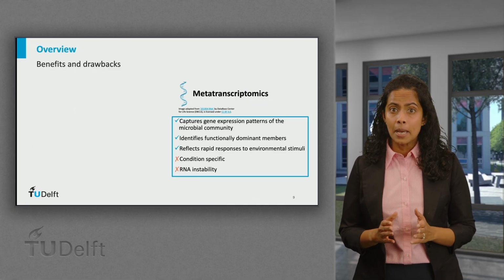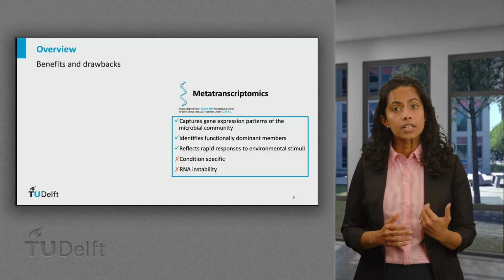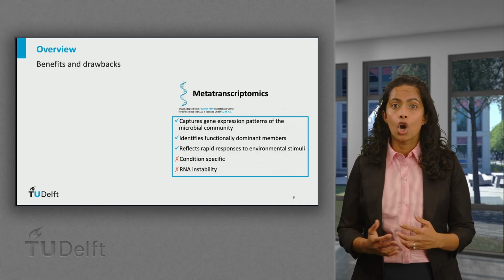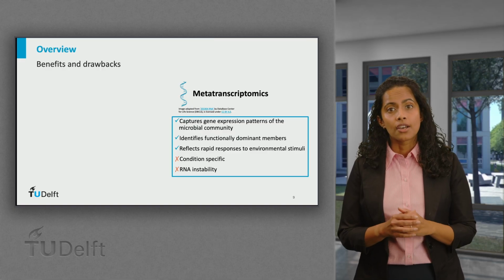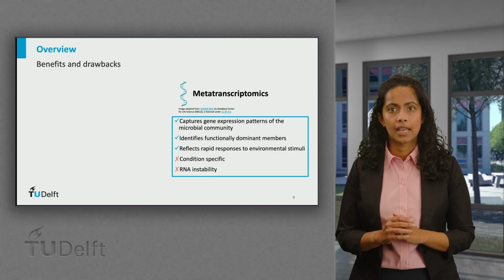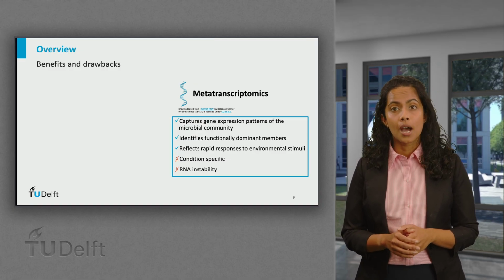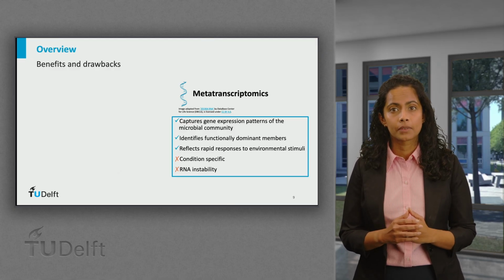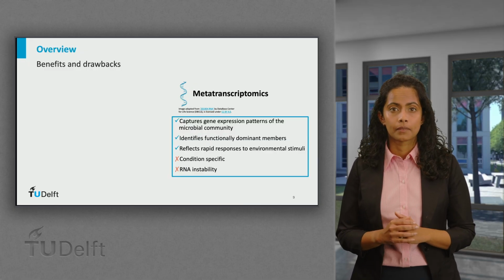To summarize, metatranscriptomics approaches have strength in terms of being able to capture gene expression and patterns of the community. Next, it identifies functionally dominant microbial members. And finally, it can provide a dynamic view by reflecting the rapid changes in microbial metabolism in response to environmental stimuli.